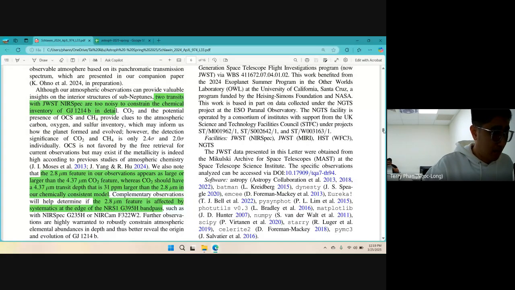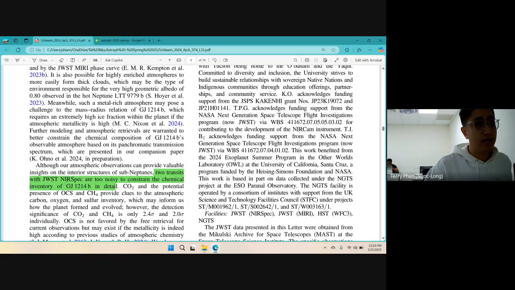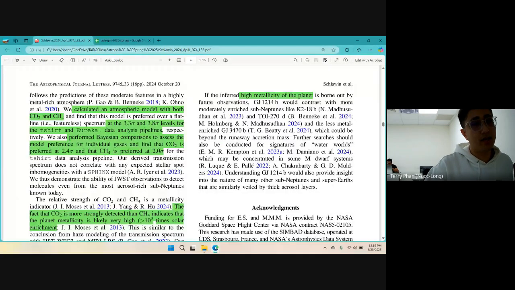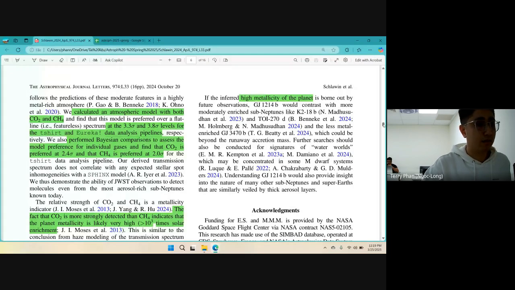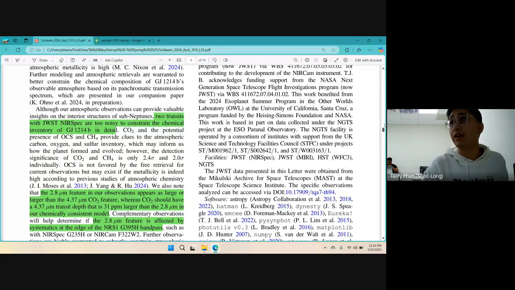And from the two issues I mentioned before, they said that they need a follow-up study to evaluate the high metallicity of this exoplanet. And actually, their follow-up study was already published in January, and maybe next time I will present this paper to see how they evaluate the high metallicity of this exoplanet. So I think that's all for this paper. Are there any questions?